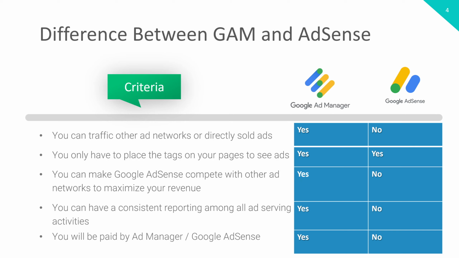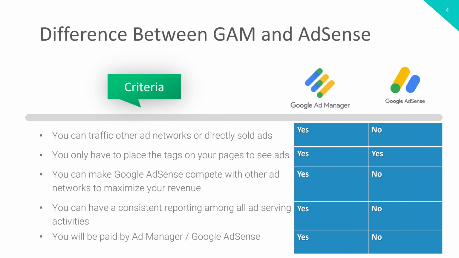Now in general, you will be paid by Ad Manager and AdSense. So yes, with Ad Manager you are going to be paid by Google AdSense. That's Google basically, and with AdSense you are getting the money from Google. In general, when you are running a direct campaign, it's not Google who will pay you.